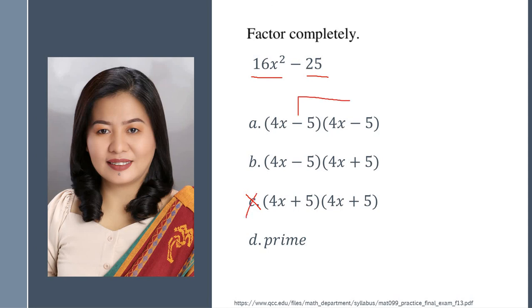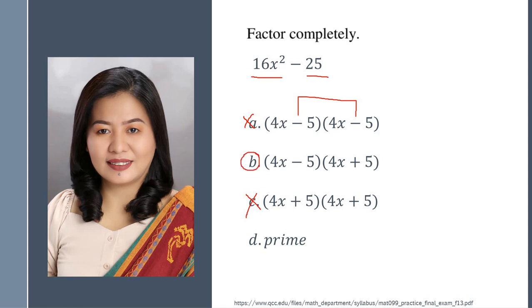Having the same signs will also not give us a binomial product, but a trinomial. So A and C will have a trinomial answer. So the only possible answer that we can have would be letter B.